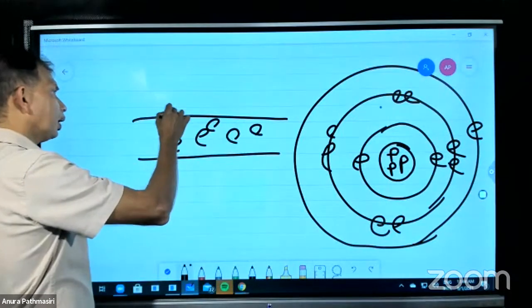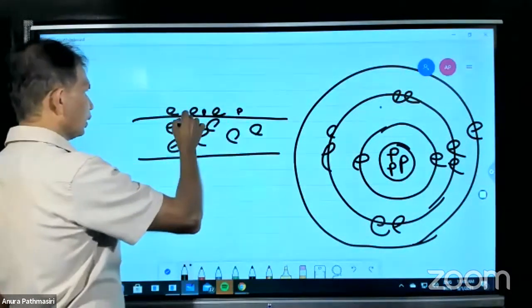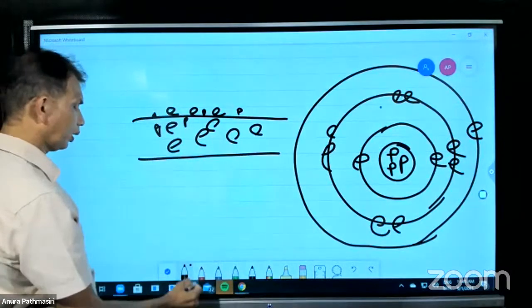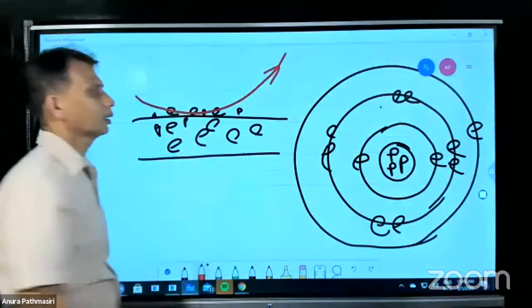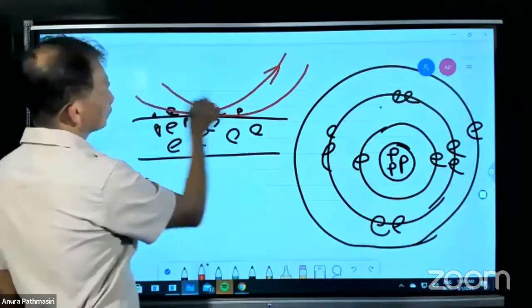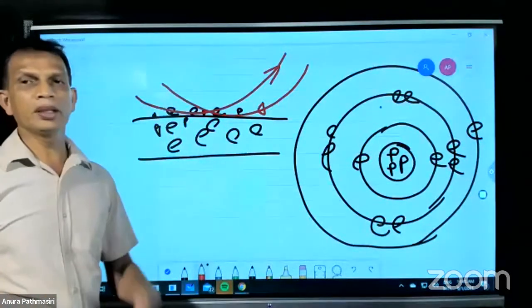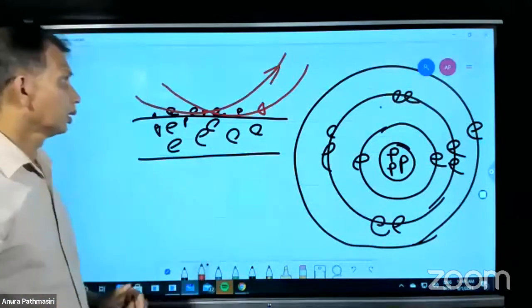So we have to apply a little force. The protons are also there, but when you rub, electrons can be taken away, or electrons can be given to the other object, depending on the nature of the two materials.